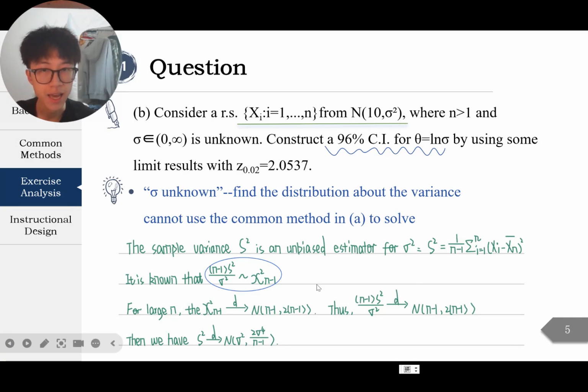And this chi-square distribution with n-1 degrees of freedom also tends to a normal distribution when n is large enough, like this. And then, by simplifying, we can get that the sample variance S squared obeys the following normal distribution.